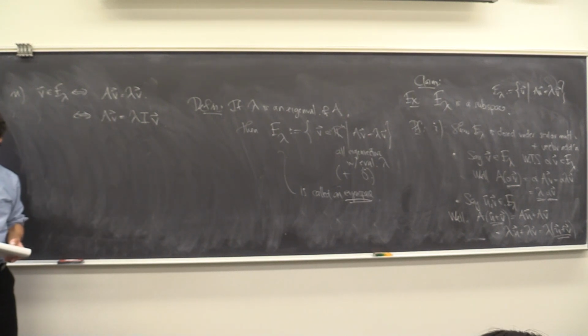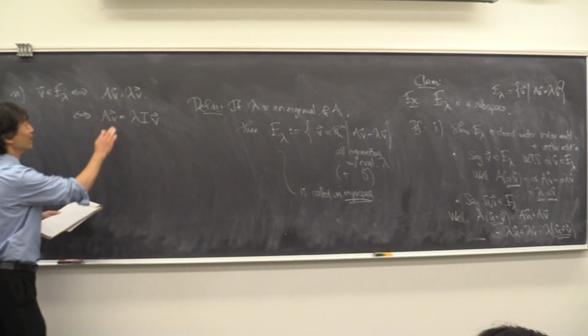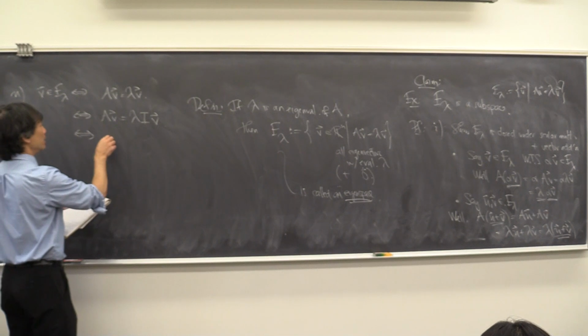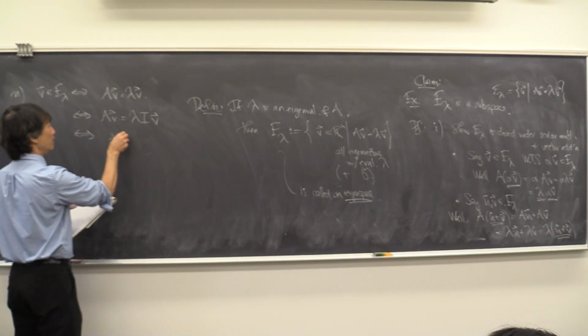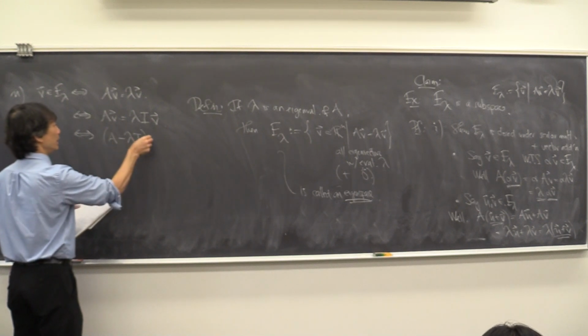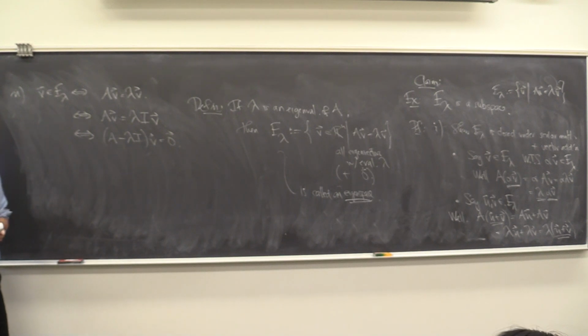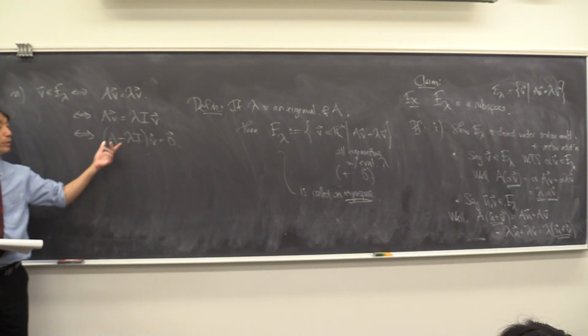No, don't be impressed, it's just multiplied by 1. Now I'm just going to subtract on both sides and distribute. So I get A minus lambda I, times V, equals 0, the zero vector.